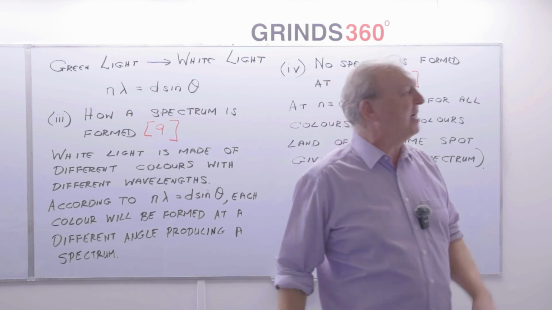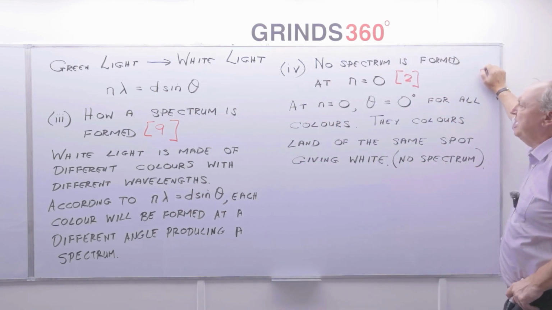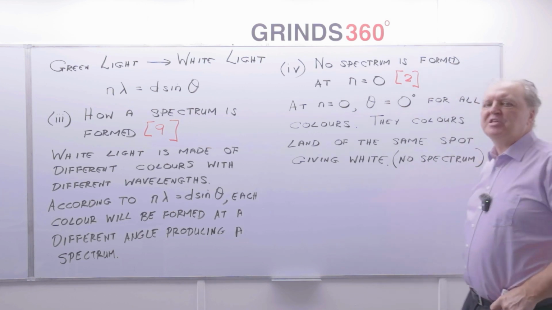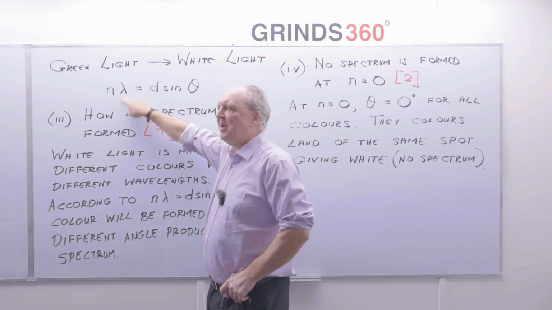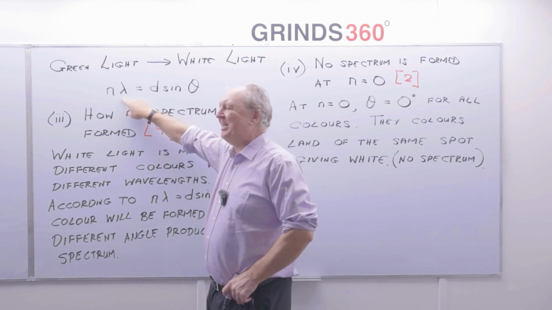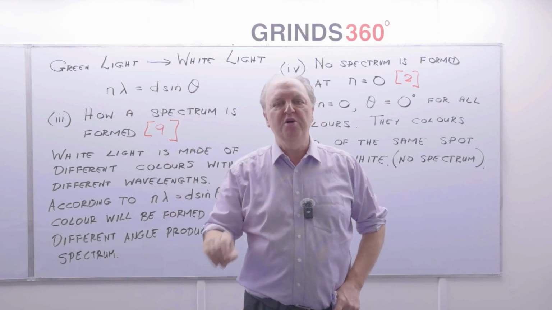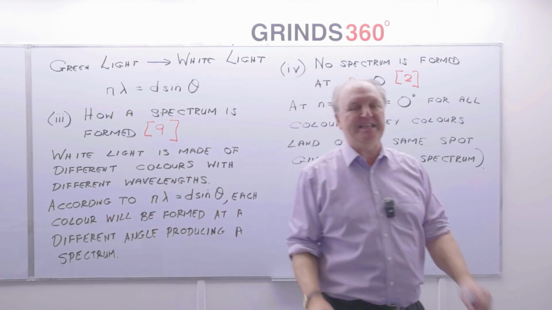And then the very last part of this question, they're saying no spectrum is formed at n equal to 0. Explain. Well, at n equal to 0, look at the formula. At n equal to 0, it doesn't matter what the wavelength is. You're going to get 0 on the left-hand side, and theta will be 0 for all the colors. All the colors will land in exactly the same position.